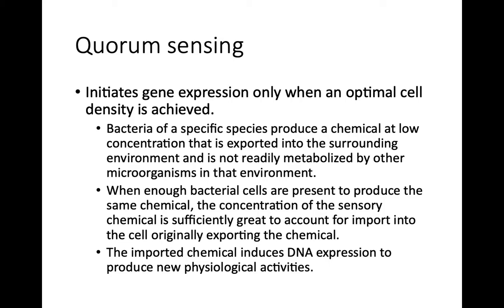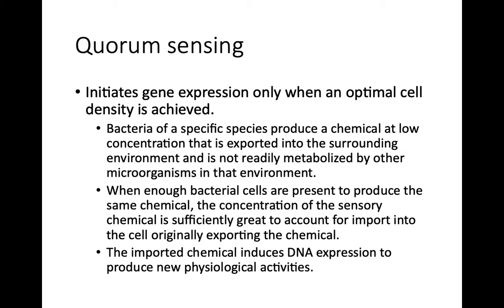Normally, these autoinducers are hard to metabolize, so they will not really be degraded by other microbes in the environment. Then eventually, when the bacteria of concern continue to divide, they will continue to increase in number. Now, more autoinducers will be produced because there are more bacterial cells. The increase in the concentration of autoinducers is inevitable.